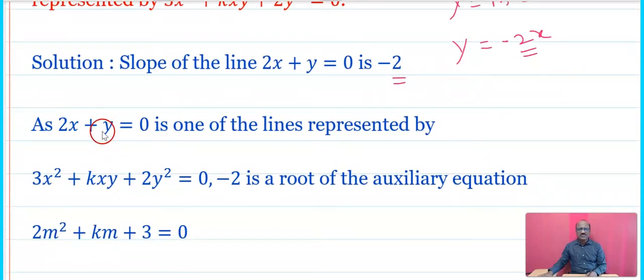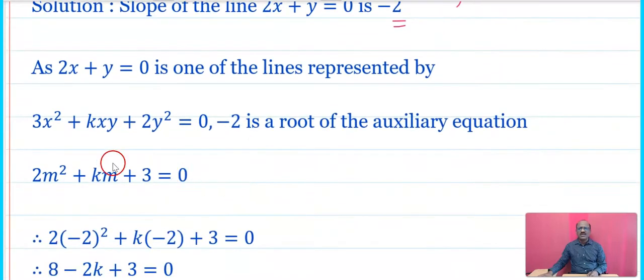As 2x plus y is equal to 0 is one of the lines represented by 3x square plus kxy plus 2y square is equal to 0, its slope is minus 2. What about its auxiliary equation? Now convert this equation into an auxiliary equation.